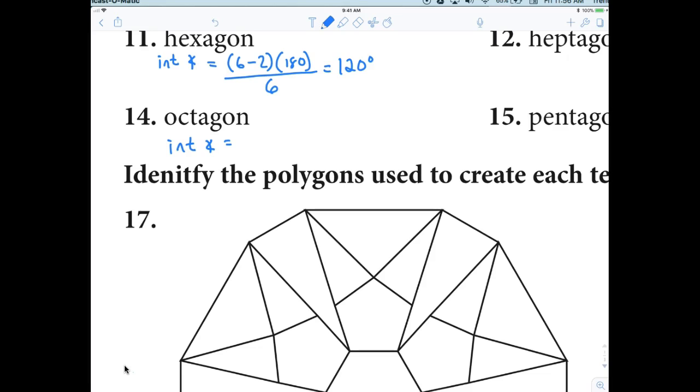So now what? 8 minus 2, times 180, divided by 8. Yes, Colin, don't worry about it. Just take your time, okay? That's the important thing. So now you tell me what that answer is. 135 degrees. Anybody else get 135 degrees? Yes. All right, 135.